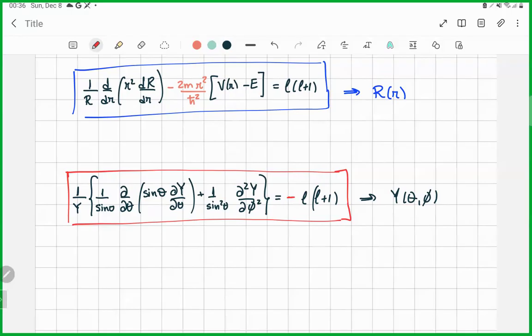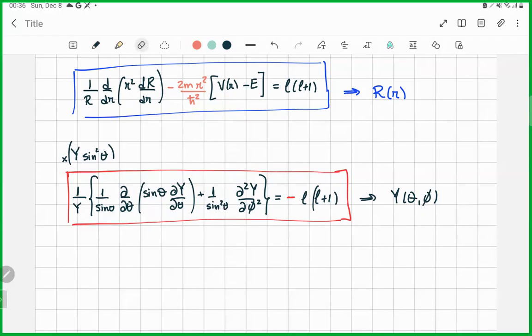So before we split, let's manipulate this equation a little bit. So what we are going to be doing is, the Y function appears in the denominator here. Well, let's make it disappear from the denominator, which means I'm going to multiply this whole equation by Y. Multiply the whole equation by Y. And the other thing that we are going to do, multiply the whole equation by sine squared theta to remove the sine squared theta that we see here in the denominator.